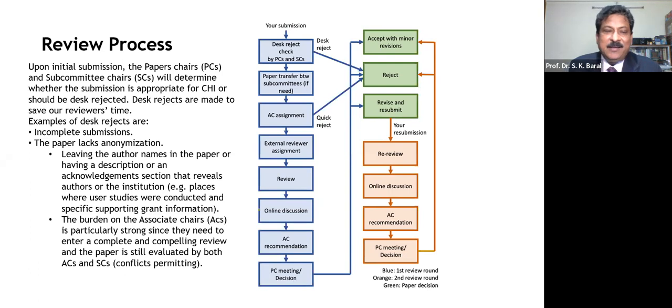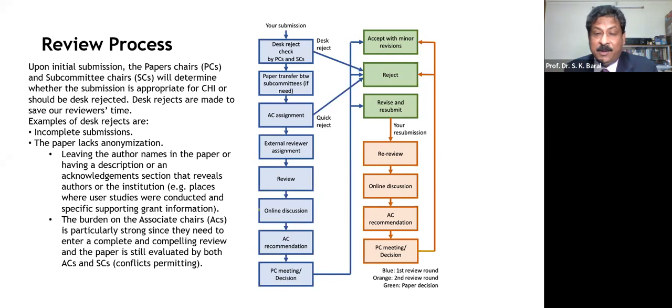And when the associate chair is going to accept your paper, the paper will go to the external reviewer for reviewing. And when the review is taking place, there is a chance of online discussion also, because most of the journals recently, I have got one assignment that on the 11th there is a discussion on different papers.